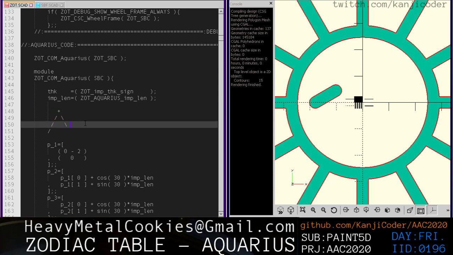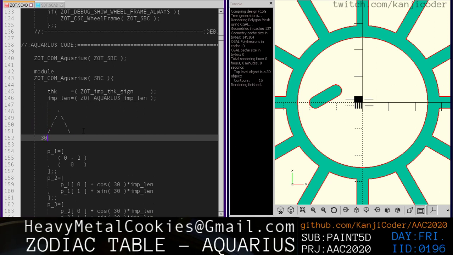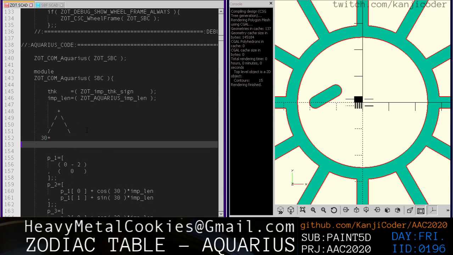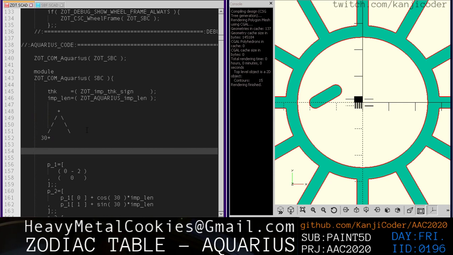If this is 30 degrees up, then what's this? So that's 30 degrees. What is this right here?